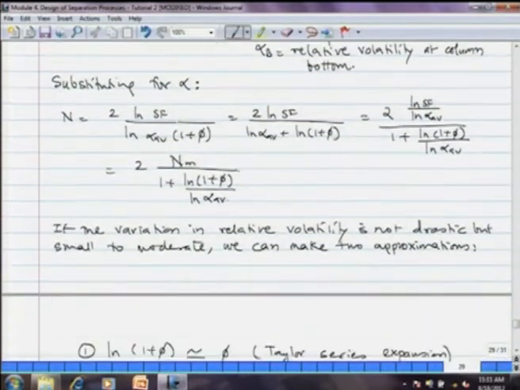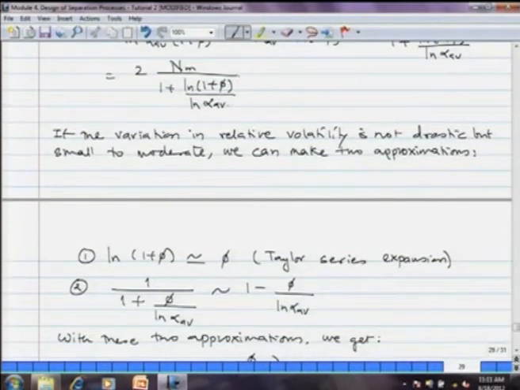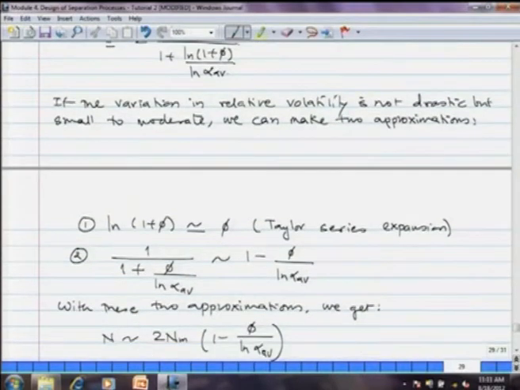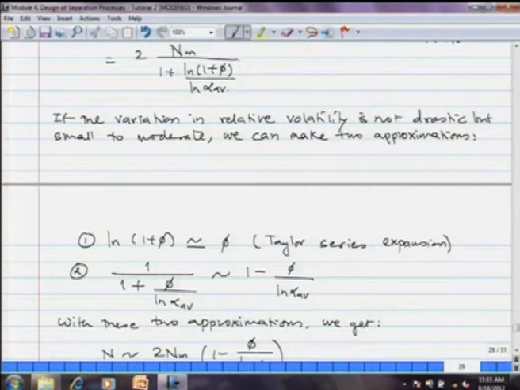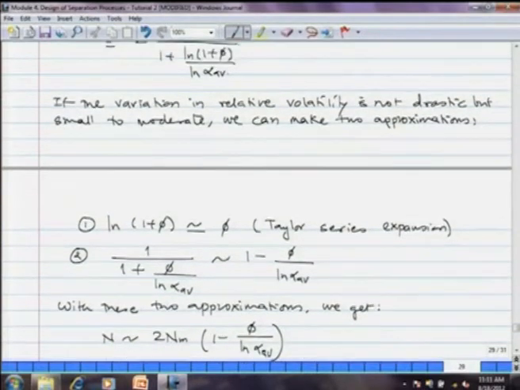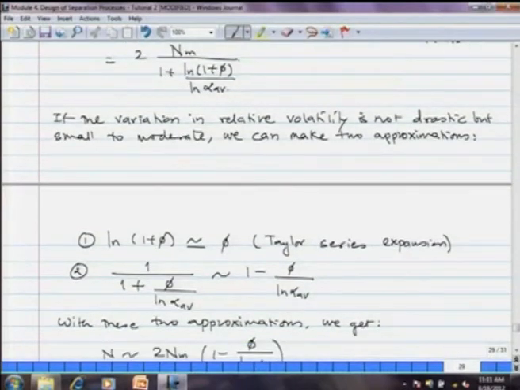If the variation in relative volatility is not drastic, but small to moderate, we can make two approximations for the second expression in the denominator. In the first place, we can write ln 1 plus phi is approximately equal to phi as per Taylor series expansion. Then we write 2 times Nm into 1 divided by 1 plus ln 1 plus phi divided by ln alpha av.